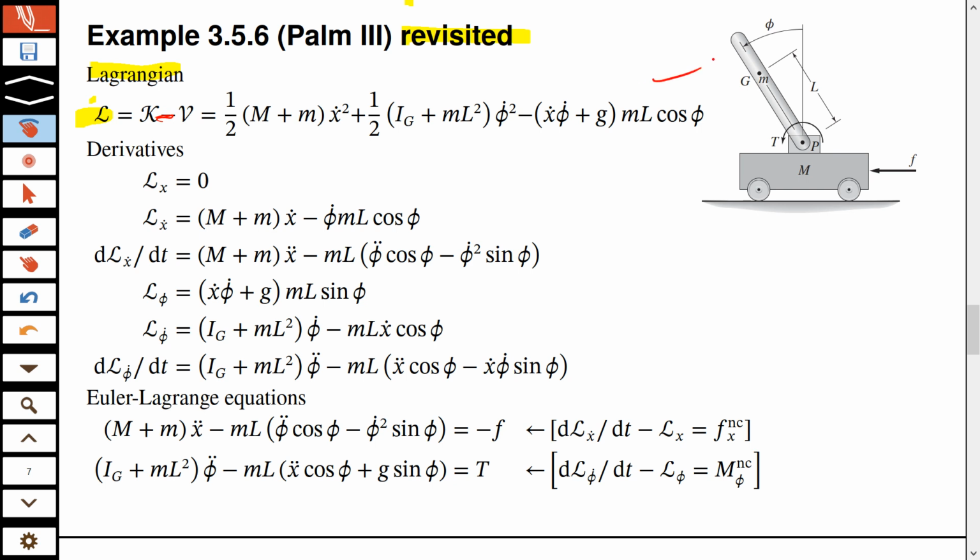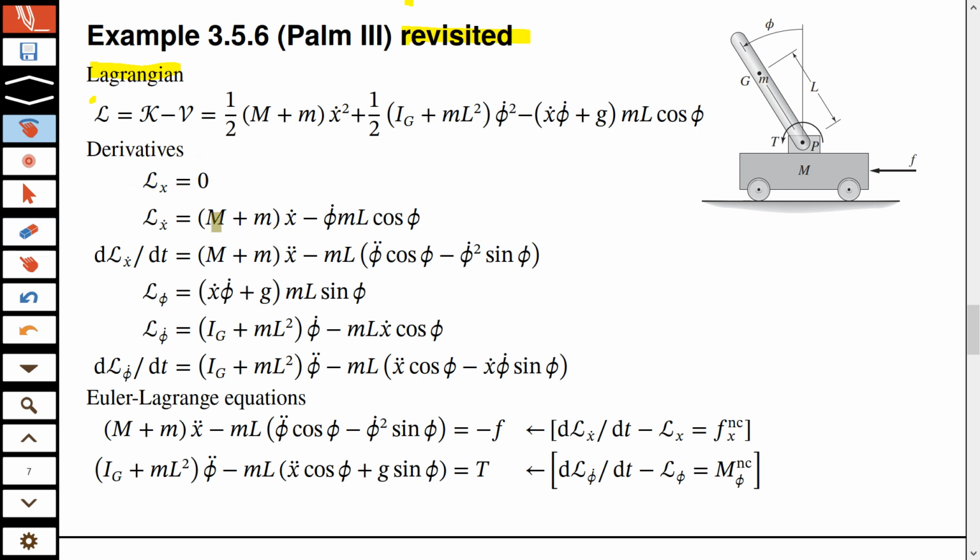And this is the expression. And if you see now, this L is a function of x, a function of x dot, a function of phi, and a function of phi dot. So we gather all these derivatives. We first differentiate with respect to x, which is 0 because there is no x there.